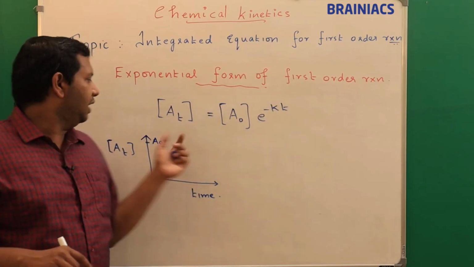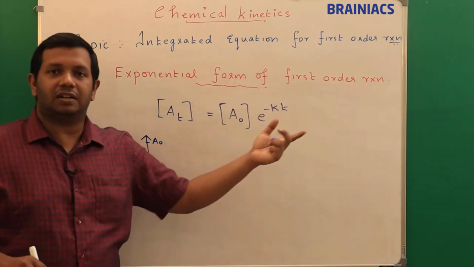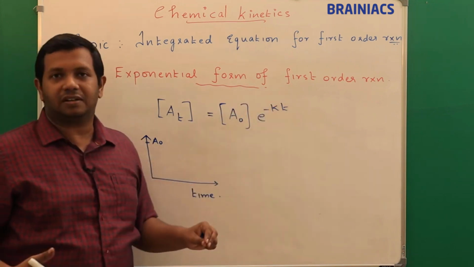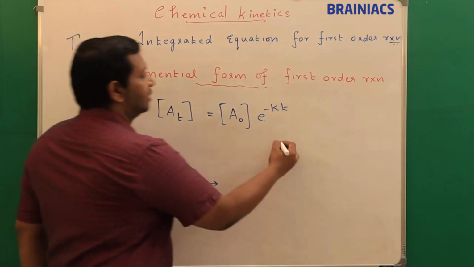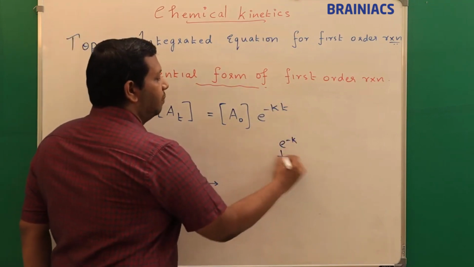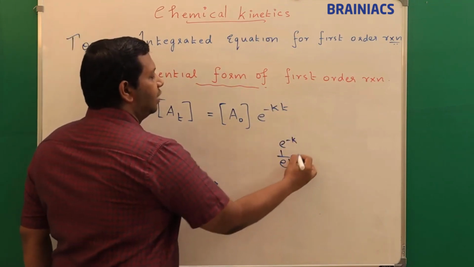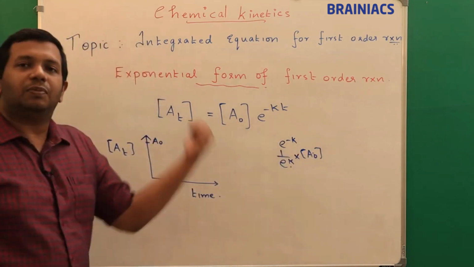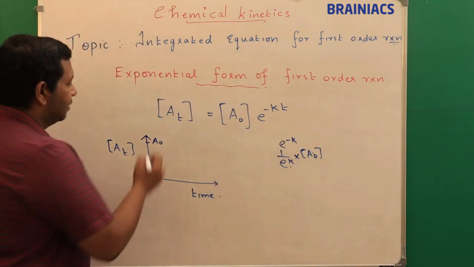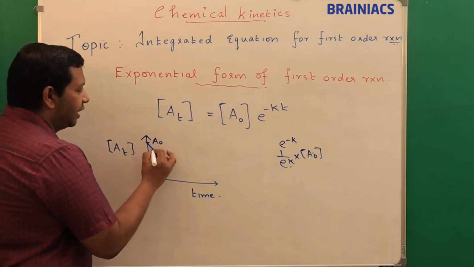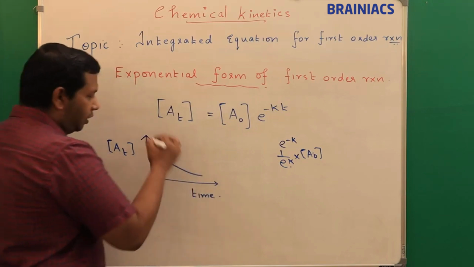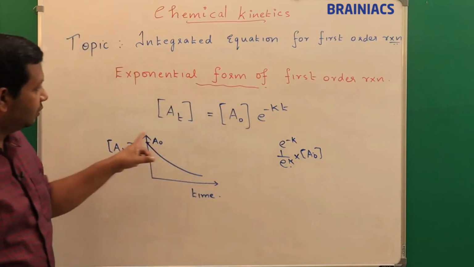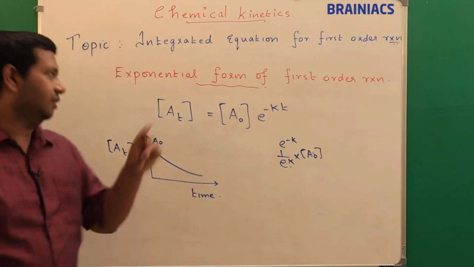So when you multiply a value with e raised to minus factor, that keeps on decreasing. E raised to minus k means 1 by e raised to k, so 1 by e raised to k into A naught. That means this is divided by this value, so that will be a lower value. So this A0 will keep on decreasing in an exponential way, because it has an exponential e factor, but it is not increasing, it is decreasing.